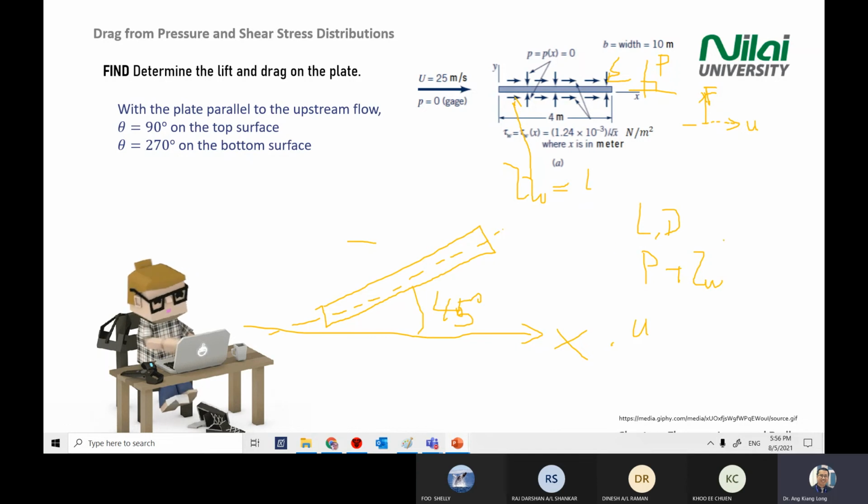So these two in the x direction will become drag. If these two are in the y direction or perpendicular to the flow, they will become lift. Okay, so just take note of this one.